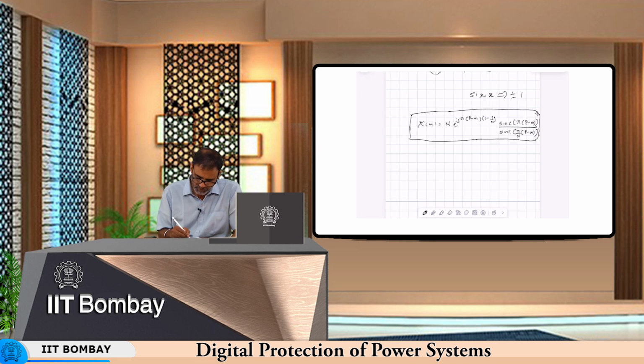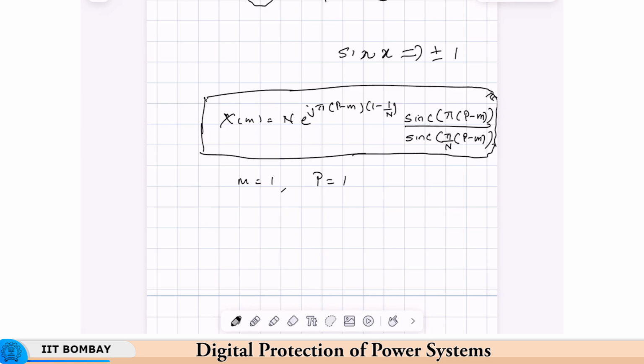Now, let us see what happens for the fundamental frequency phasor, when m is equal to 1, p is equal to 1. Okay. What happens? This will of course become equal to 1. The numerator is sinc of 0, because pi (p minus m) is 0, both are 1. So, this becomes 1, and this also is 1.